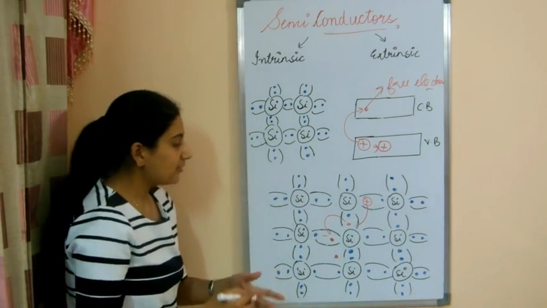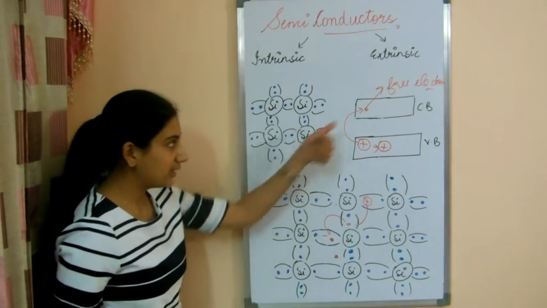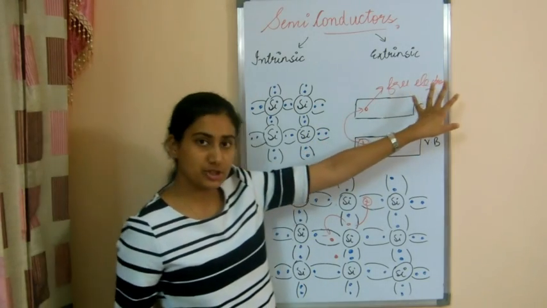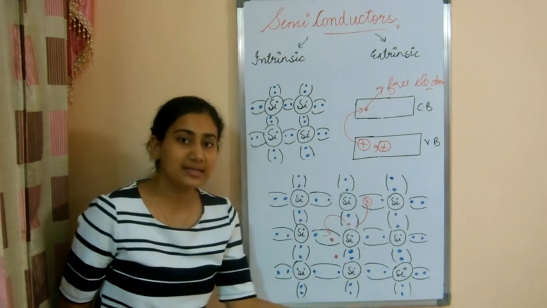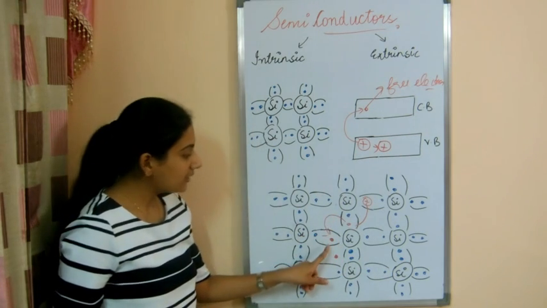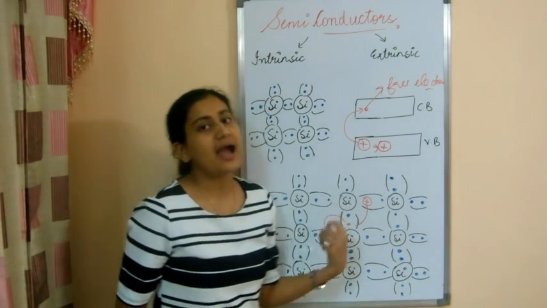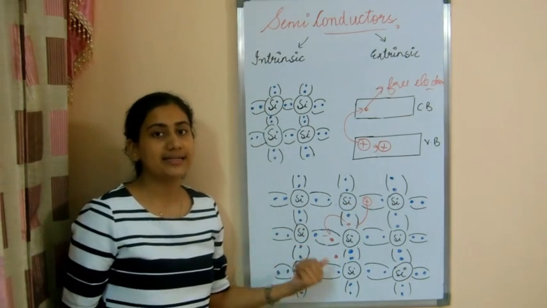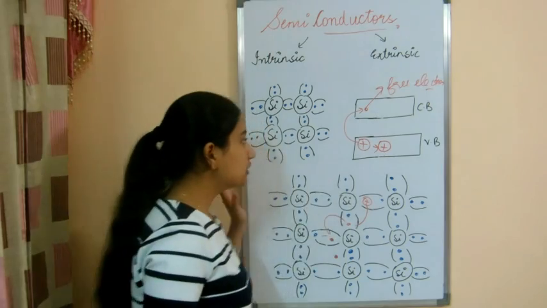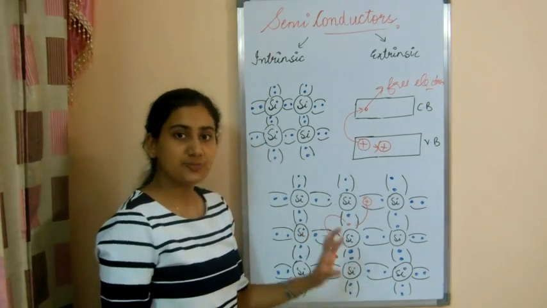So we say that negatively charged free electrons move in the conduction band and contribute towards the current in the semiconductor, and the positively charged holes move in the valence band and contribute towards the current in the semiconductor. So this is how the whole current is produced.